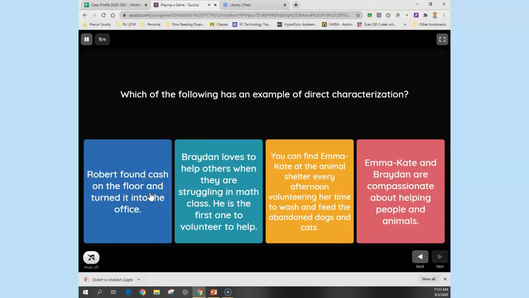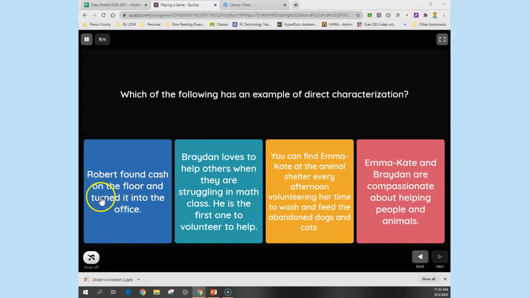Which of the following has an example of direct characterization? So we're looking for adjectives again. Let's look at this.